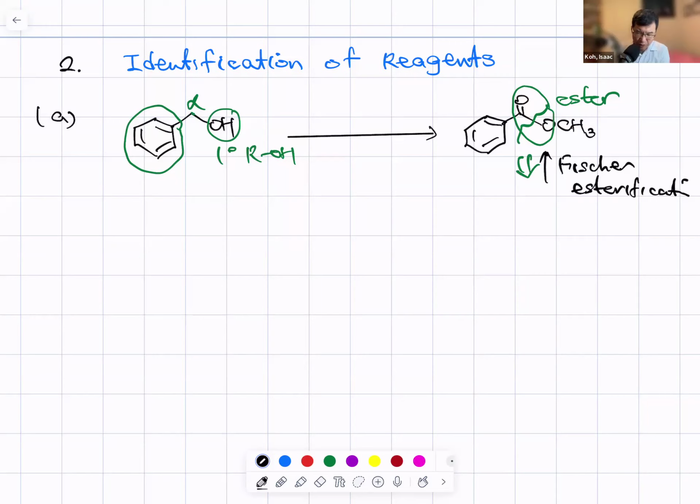So we can make this one into a carboxylic acid plus alcohol, methanol. In acidic condition, it will be making the product ester. So from here to here, from primary alcohol all the way to carboxylic acid, we need to use Jones reagent.